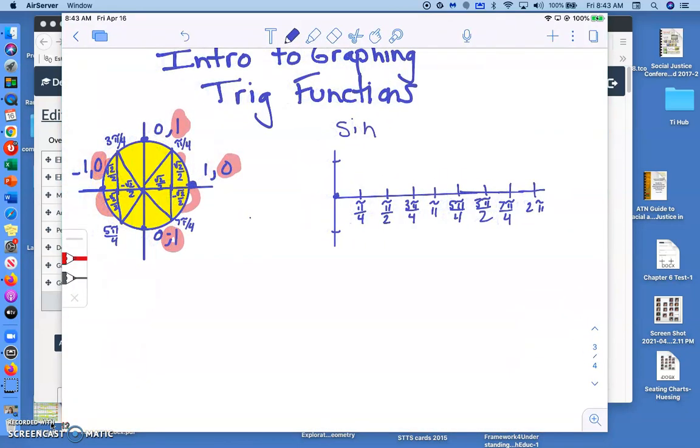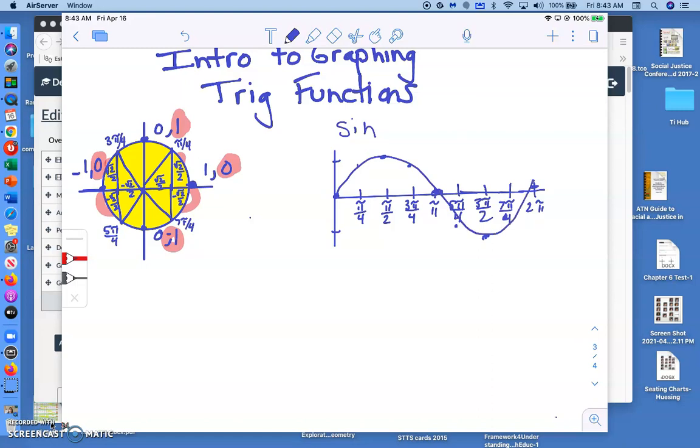So that means it's going to go up here, and then it goes up to 1. And then it comes back down, 3 pi over 4, 0.707. At pi, it's 0, and then it starts going negative, negative 1. So we ended up with this sine curve, basic sine curve.